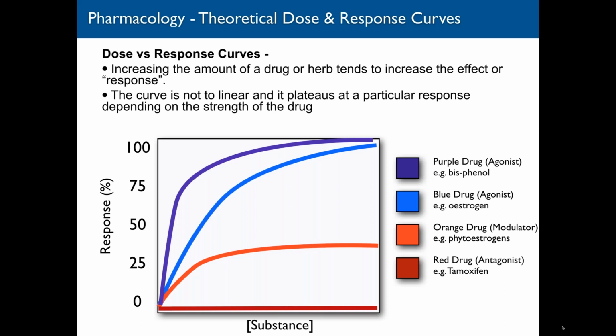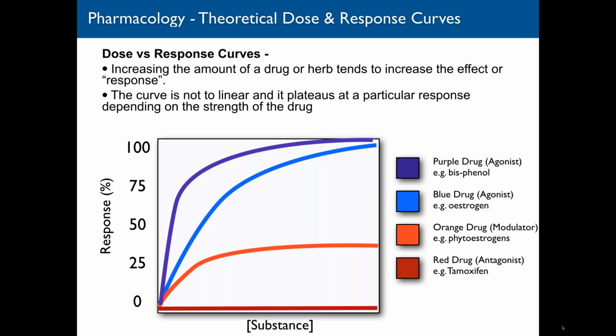If you look at, for example, the purple one, let's say we're talking about opioids. The purple drug there, the very first one, might represent fentanyl, where only a few milligrams will cause death, and it's such a strong drug that the effect you get is much greater than, say, the blue line, which represents opium.